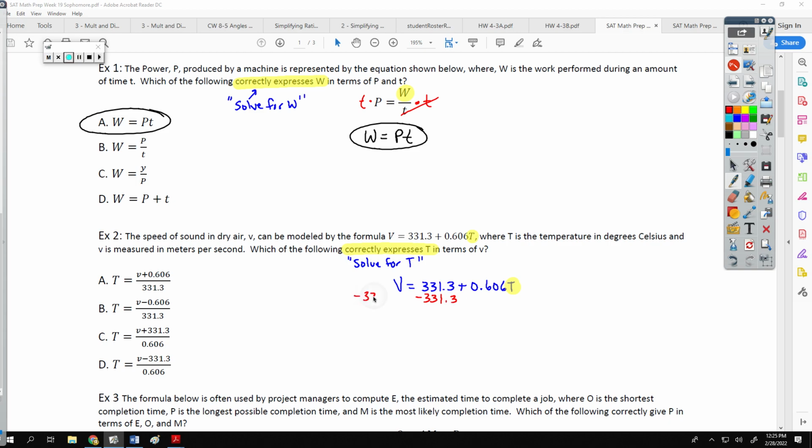Since that is a positive value, we can move it to the other side of the equation by subtracting 331.3 from each side of the equation. That would give us V minus 331.3 equals 0.606 T. Now again, our goal is to get T by itself. So we need to divide both sides of the equation by 0.606.